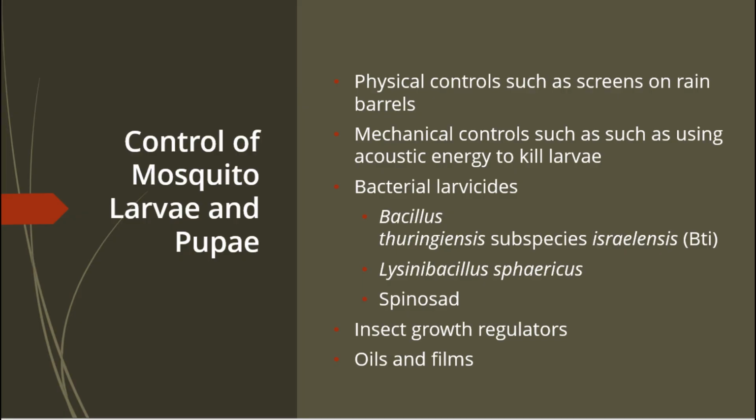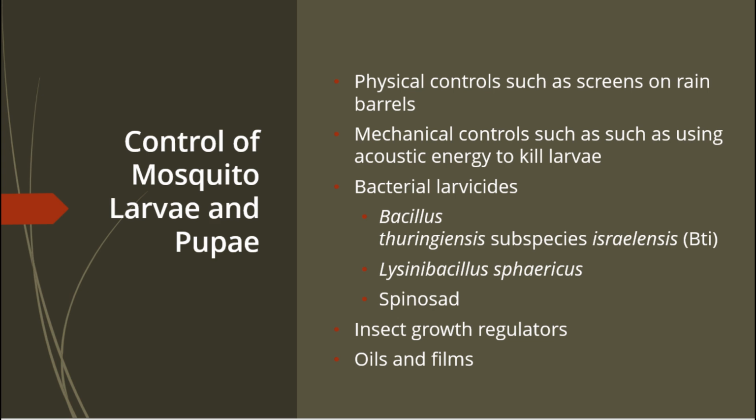Our next step, still looking at the control of mosquito larvae and pupa, would involve things like physical controls, such as screens on rain barrels, mechanical controls, such as using acoustic energy to kill larvae, bacterial larvicides, Bacillus thuringiensis subspecies israelensis (BTI), Lysinibacillus sphaericus, spinosad, insect growth regulators, oils, and films.